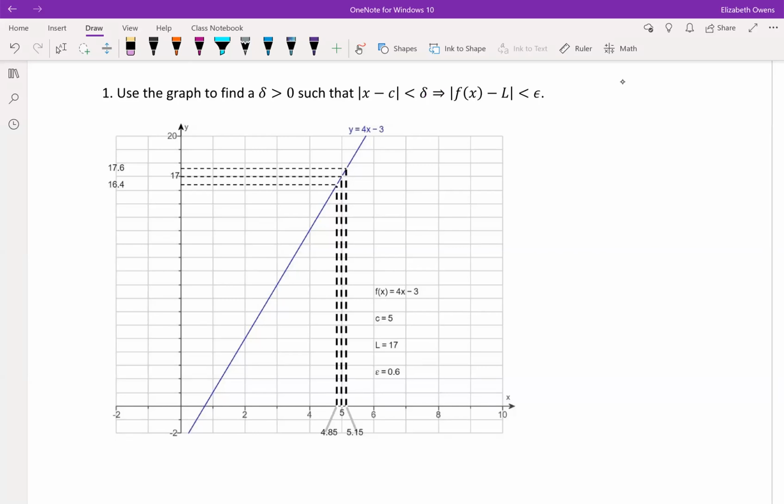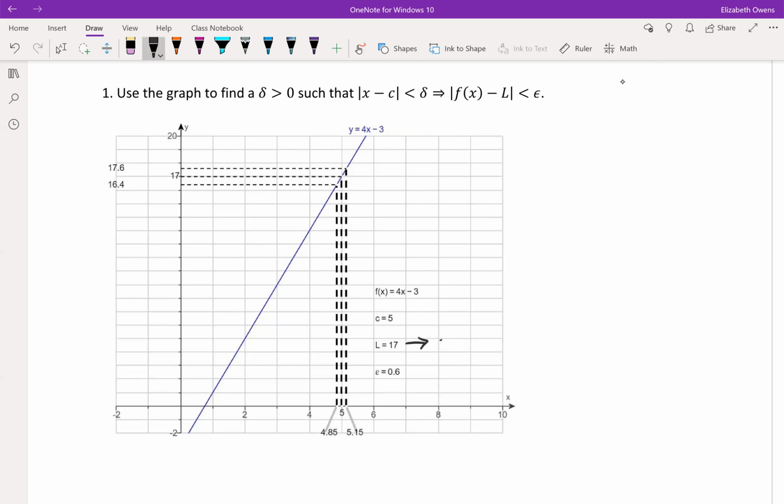Okay, and they've given us some different things here. We do know our function. It's the line 4x minus 3 in this case. We know the c value that we're looking at is going to be 5. The L value, L equals 17 here.